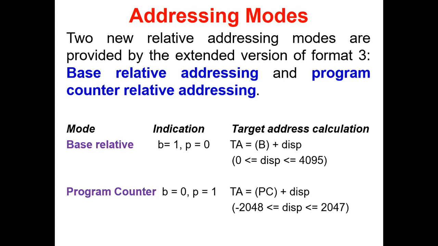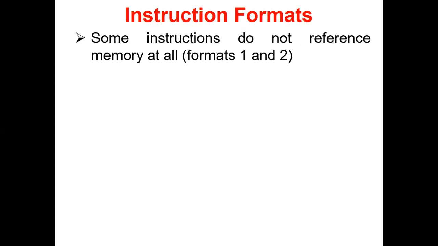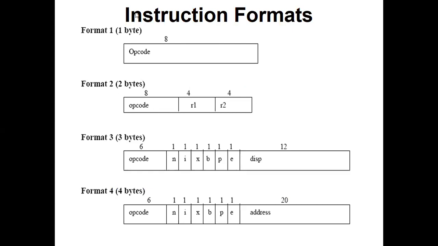And we said that when the bits B is a 1 and the P... I beg your pardon, on the E for format 3 and format 4. I said these bits, bit E, you see both in the format 3 we have E, and then even in the format 4 we have E. So I said that when that bit E is a 0, it means that the instruction is a format 3.